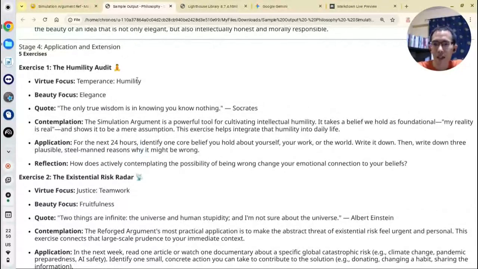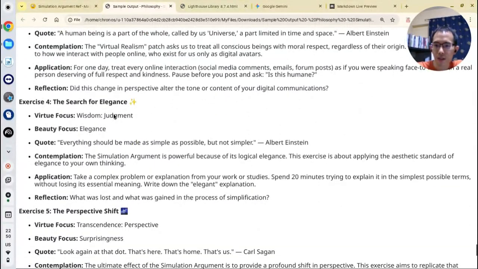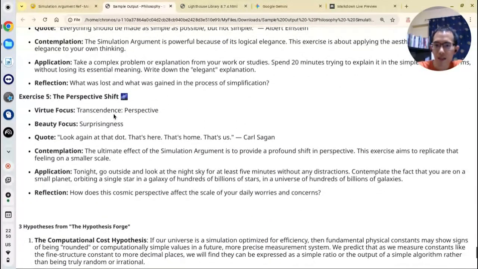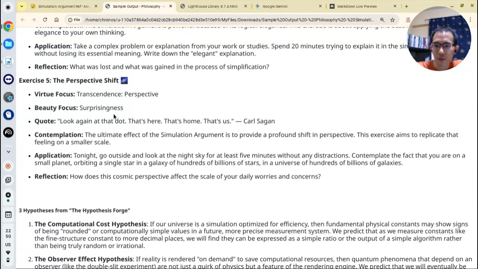If you're interested, you can read the rest of the argument that it generated. It's got 5 exercises for appreciating the reforged argument, so you can appreciate humility and elegance, teamwork and fruitfulness, kindness and unification, wisdom and elegance, transcendence, perspective, and surprisingness. For perspective shift, here's a quote by Sagan: "Look at that dot, that's home, that's us." The effect of the simulation argument is to provide a profound shift in perspective.